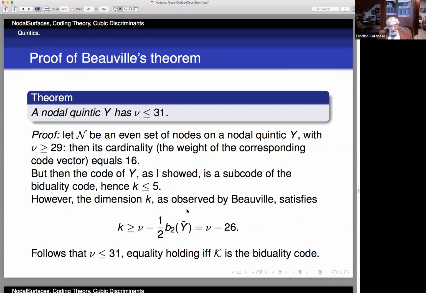Now, the very nice observation by Beauville is that the dimension k is, however, at least nu minus 26, because Beauville observed that the dimension of an isotropic subspace is at most half of the dimension of the space. I now call this, in the paper, the Beauville inequality. So from the Beauville inequality, k is at least nu minus 26, and from the other inequality, it follows that nu is at most 26 plus k, which is at most 5, so we have that nu is at most 31, equality holding if and only if we have the biduality code.